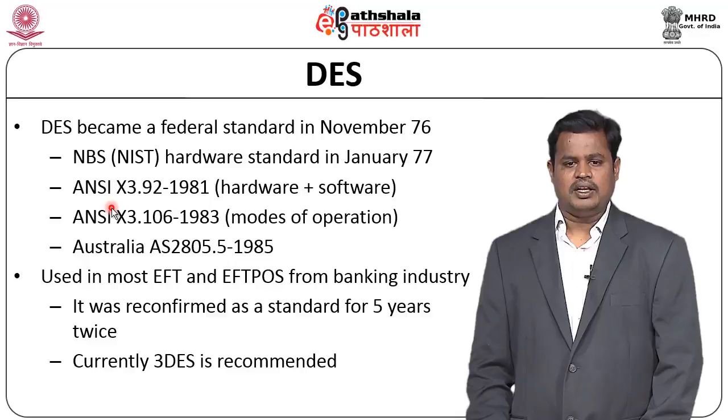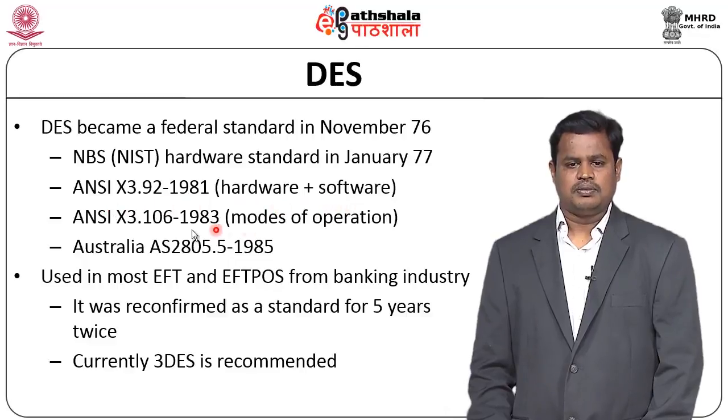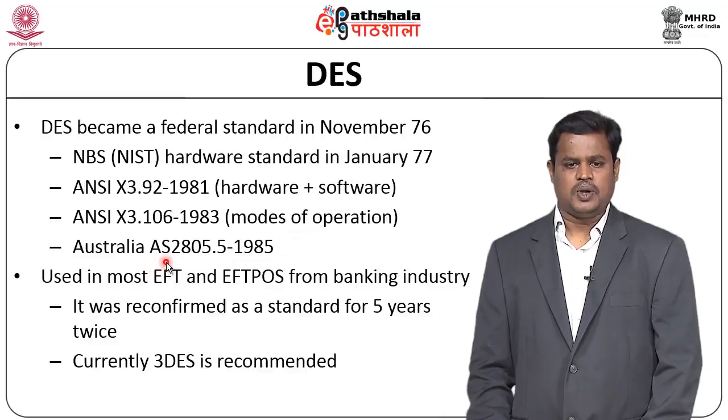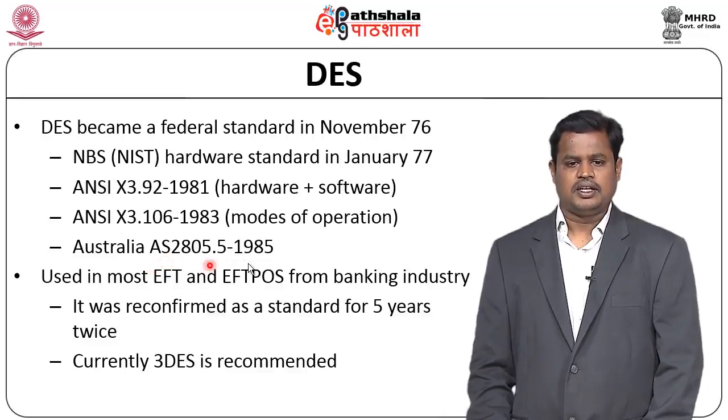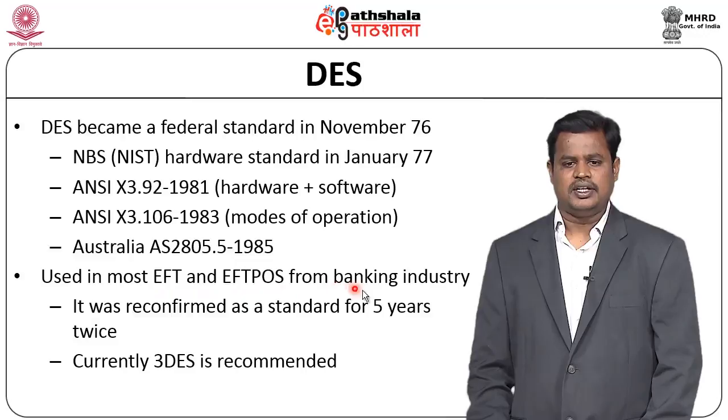ANSI, where they have hardware plus software, has version X3.106, where they gave the modes of operation. Australia has version AS 2805.5 from 1985. It is used in most of the EFT and EFTPOS for the banking industry, and it was reconfirmed as the standard for 5 years, twice.